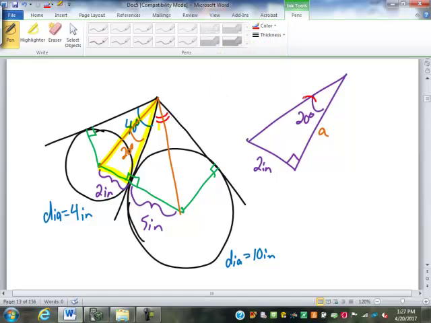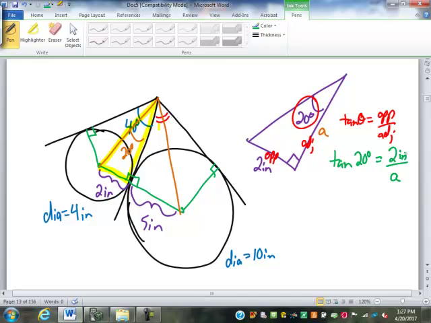Well, I got my 20-degree angle. Which side do I know? The 2 is the opposite side. Which side am I looking for? Adjacent. Opposite and adjacent is what trig function? So tangent of theta equals opposite over adjacent. Do I know theta? Yes, I do. 20 degrees. Do I know the opposite side? So 2 inches. Do I know my adjacent side?